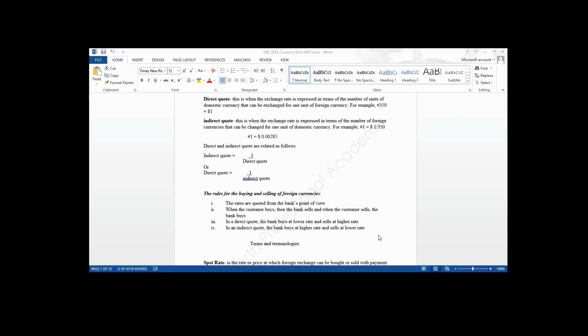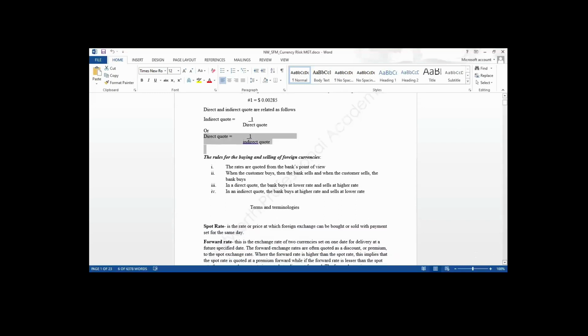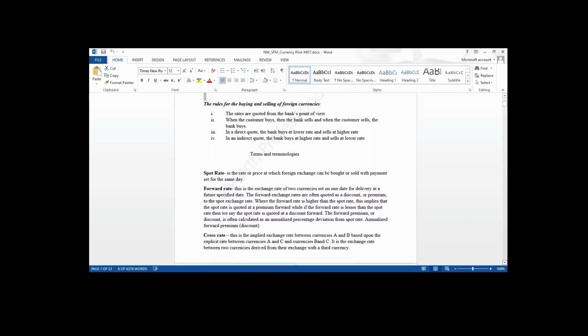Our next discussion: the types of rates you can have. We have spot rates. Spot rate is the exchange rate for immediate foreign transaction.